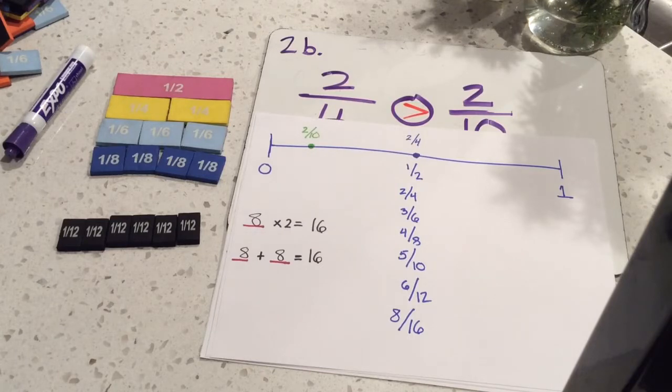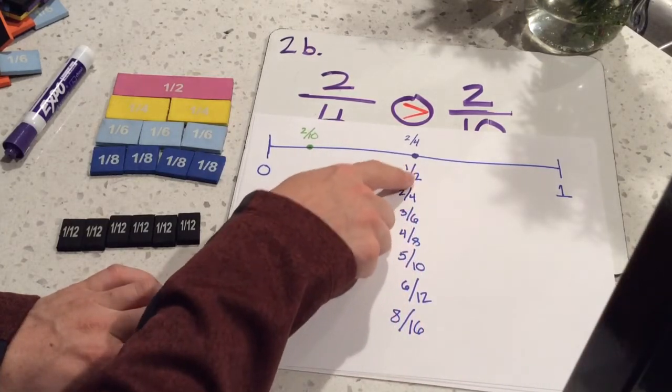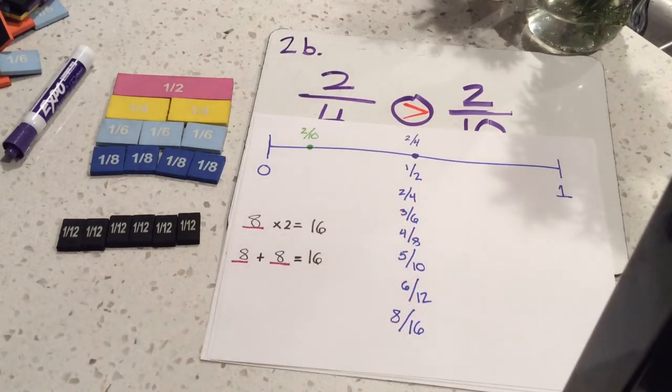This gets a little bit trickier when you have odd denominators, okay? I want to point out that right now all of our denominators here are even, and it's really easy to find the halfway point.